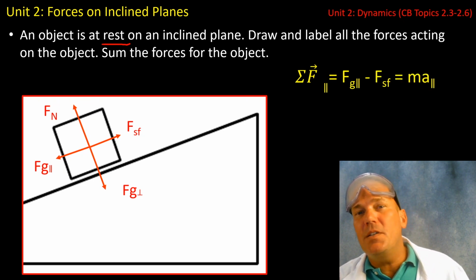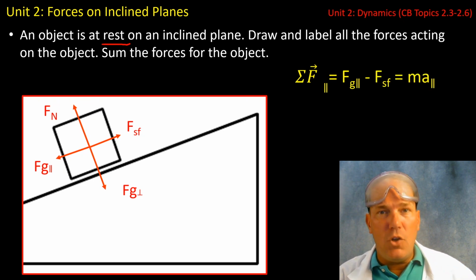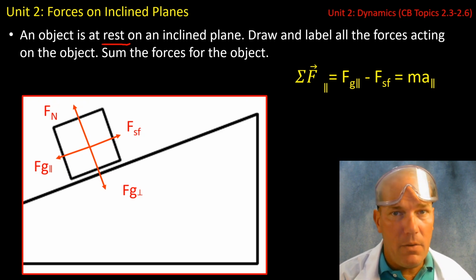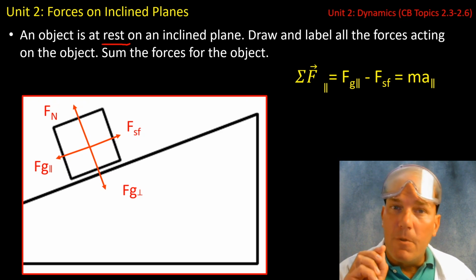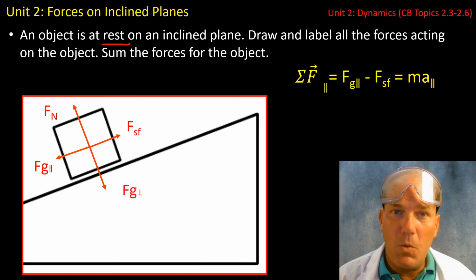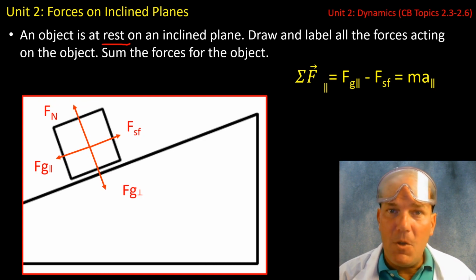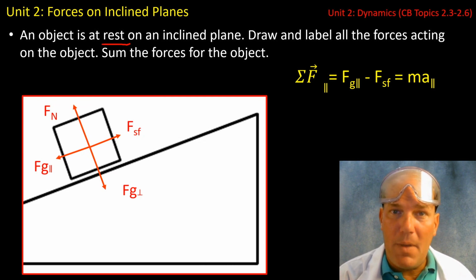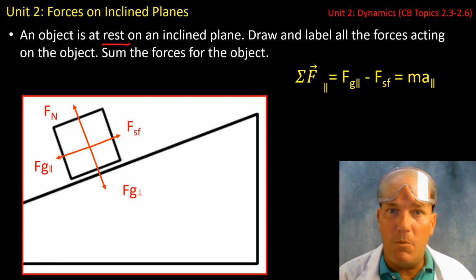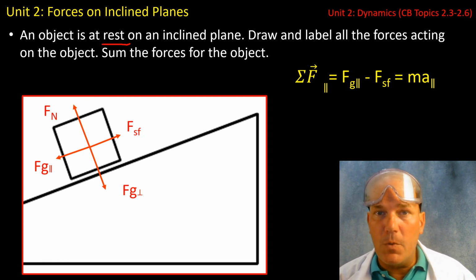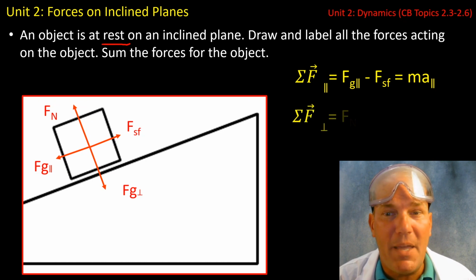Summing the forces parallel and calling down and parallel positive. Remember, you define your coordinate system. I am calling down and parallel the positive direction, which means I will subtract the force of static friction in my summation.